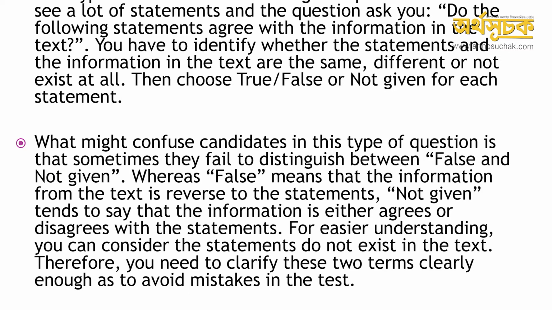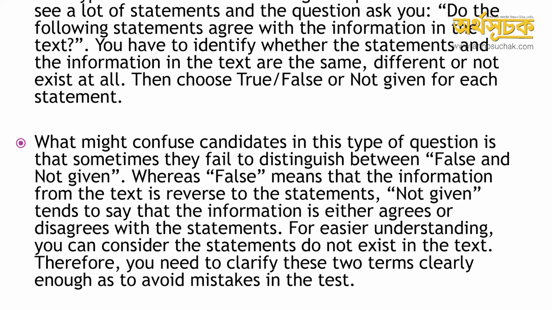What might confuse candidates in this type of question is that sometimes they fail to distinguish between false and not given, whereas false means that the information from the text is reversed to the statement. Not given tends to say that the information neither agrees nor disagrees with the statements.